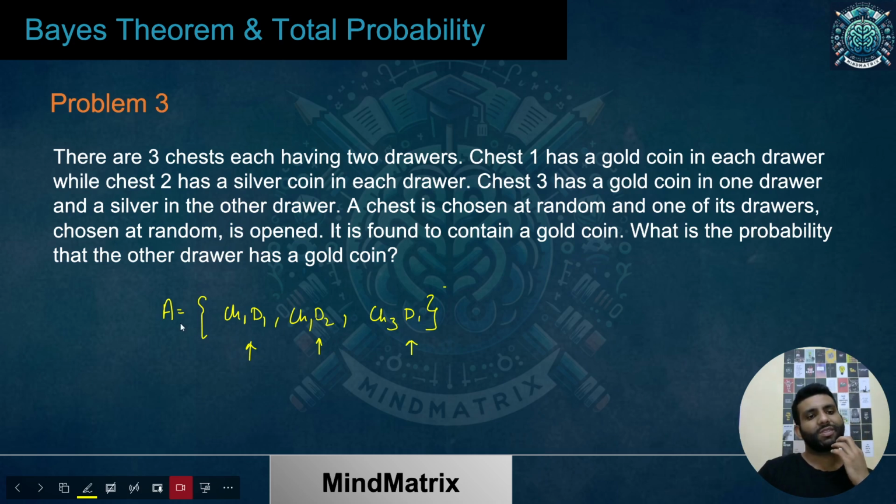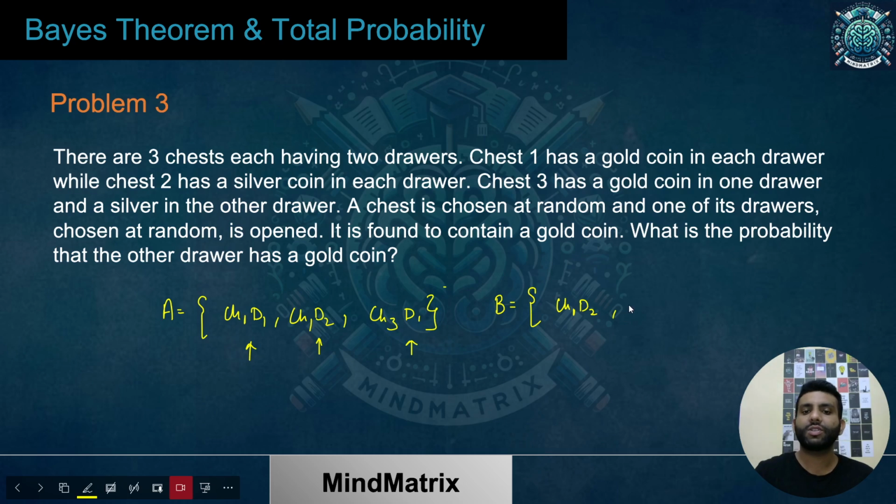Now for the second drawer which was picked up, where gold coin is there in the second one: if D1 was the drawer drawn the first time, then I can have a gold coin in the second one.